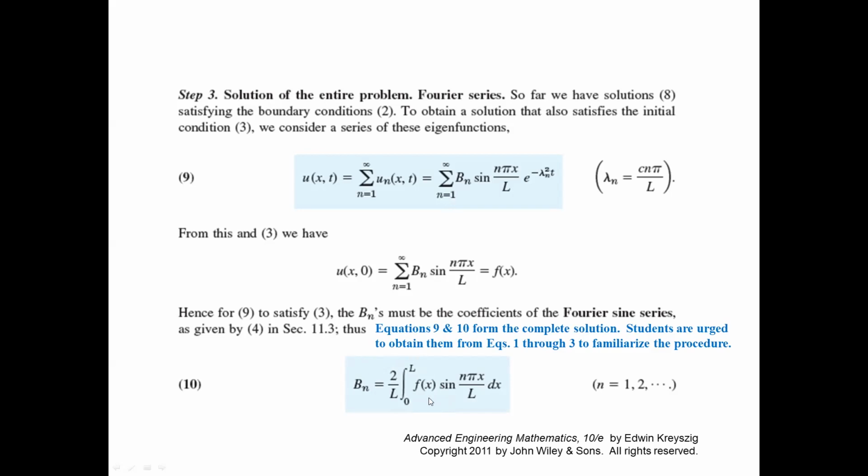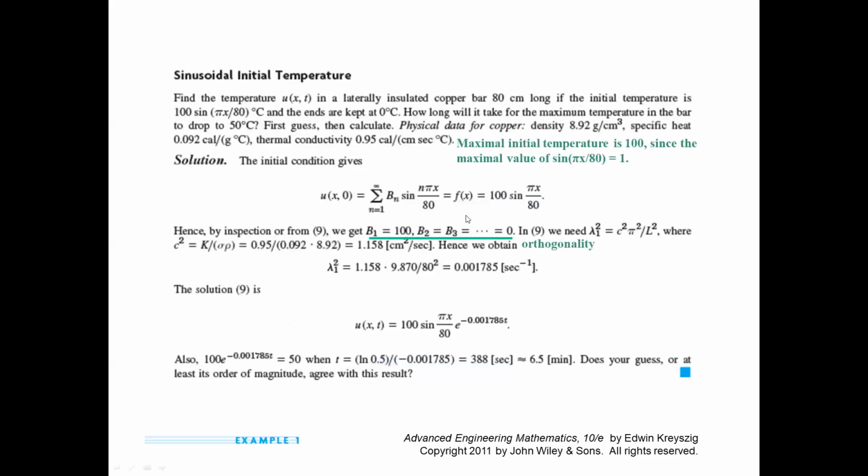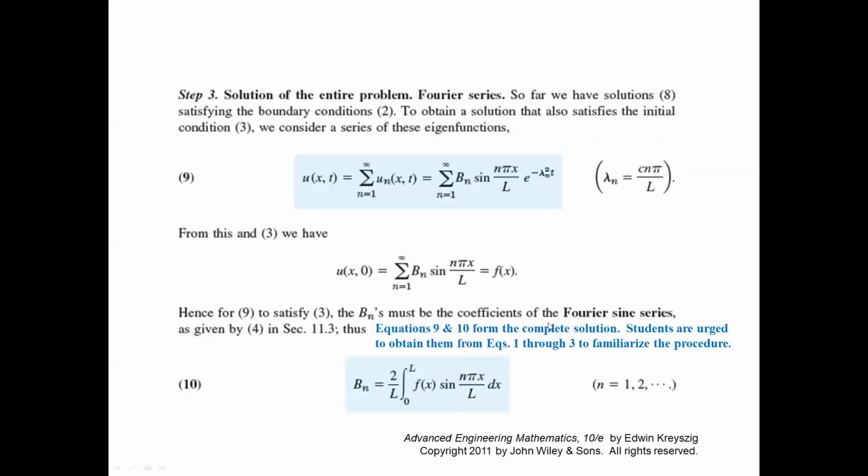Notice this is assumed to be sine n pi x over 80, and so it's just sine pi x over 80 times another sine pi x over 80. The length is 80.